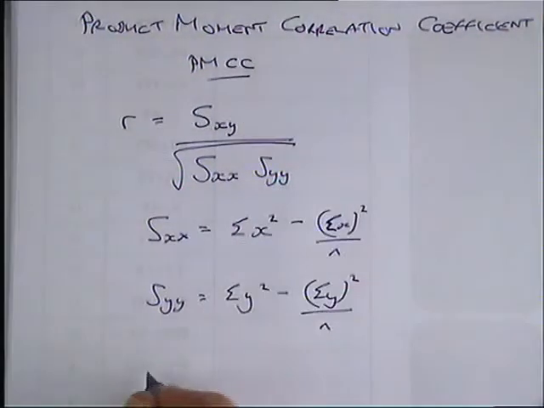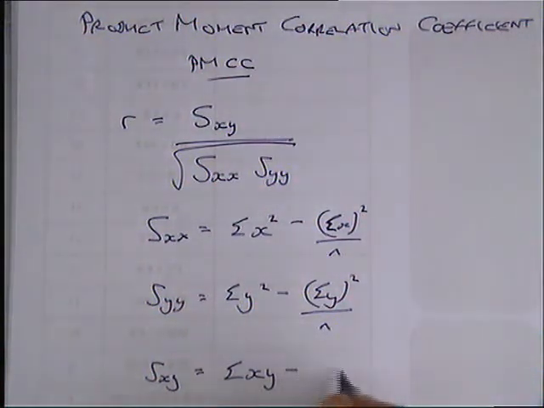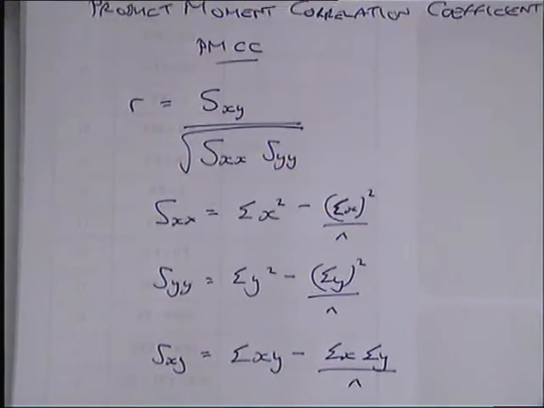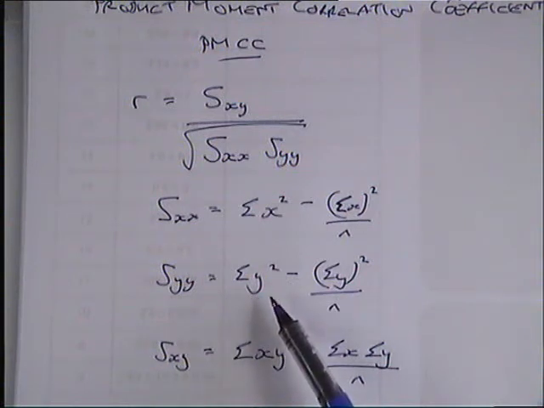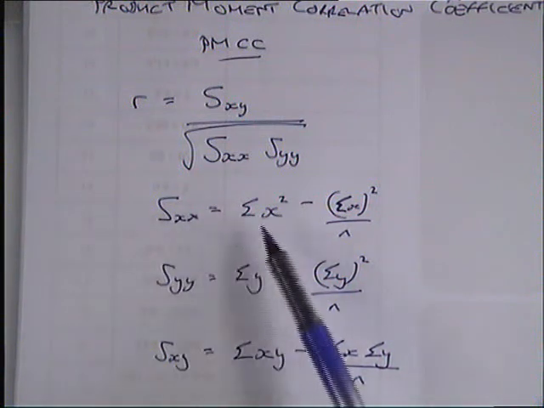And the value on the top, the Sxy, that is sigma xy minus sigma x times sigma y over n.